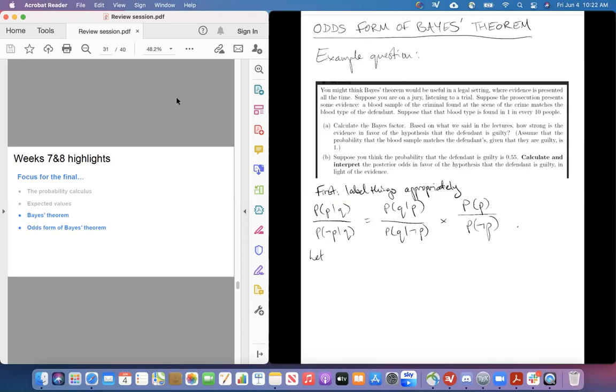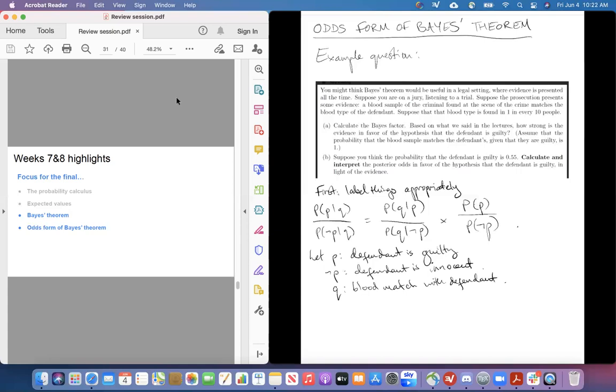So we're going to let P be the hypothesis that the defendant is guilty, and therefore not P is the hypothesis that the defendant is innocent. And we're going to let Q be the evidence, blood match with defendant.